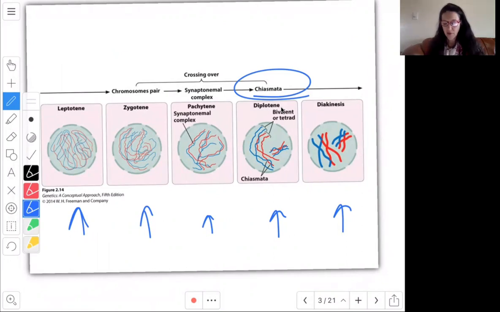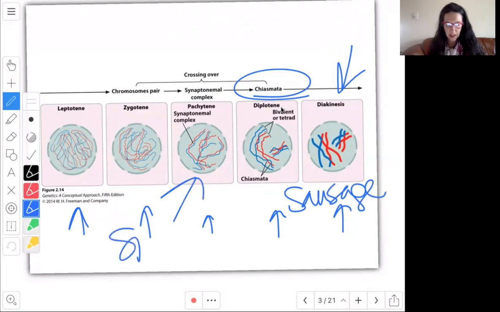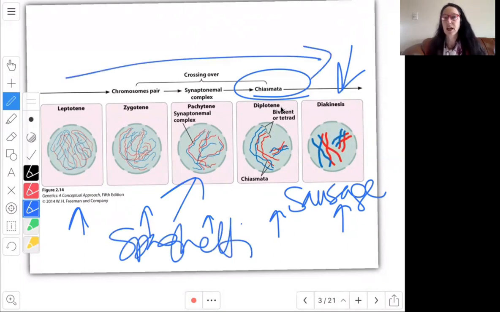And then here, finally at diakinesis, is when we get down into our sausage-shaped chromosomes. These are all spaghetti. They're working on getting condensed as we go through here, but they're not actually condensed yet.